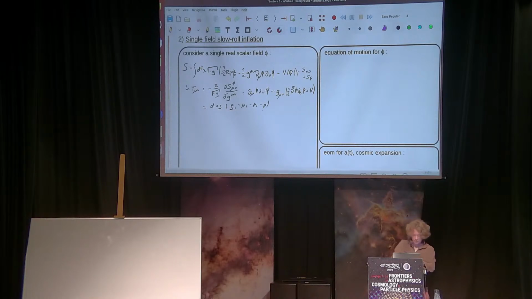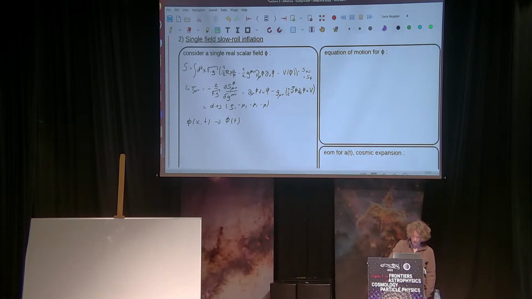And we're going to now make a simplifying assumption. We're going to assume that phi is homogeneous. So phi of x and t is actually going to be only phi of t, which means we can drop all the spatial derivatives. And then we can just get the rho component by taking the 0, 0 component. Okay, so we get 1 phi dot squared from up front.